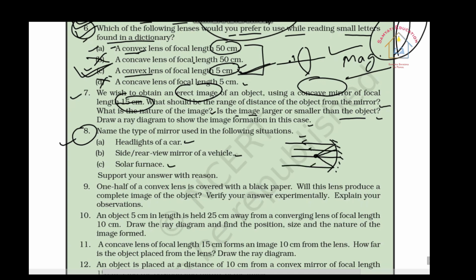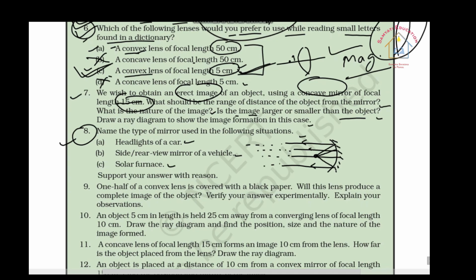By reflecting from the mirror, light goes parallel, then the beam of light can travel a long distance, due to which we will use a concave mirror for the headlight of a car.